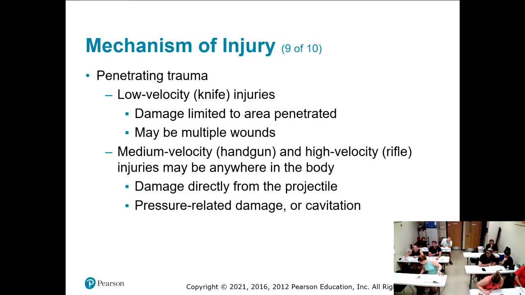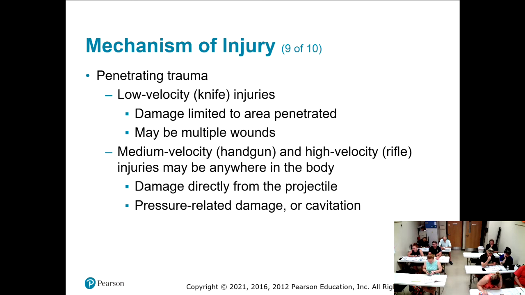So we have damage limited to an area that it kind of penetrates around, but you can have multiple wounds. Obviously some people will get stabbed multiple times, especially if we're talking like the prison and prisoners getting shanked. You might be dealing with multiple little lacerations, but typically the damage is limited to that area that they were stabbed.